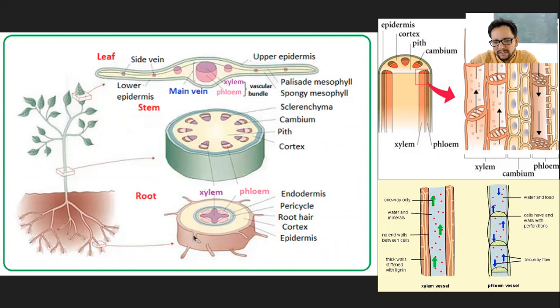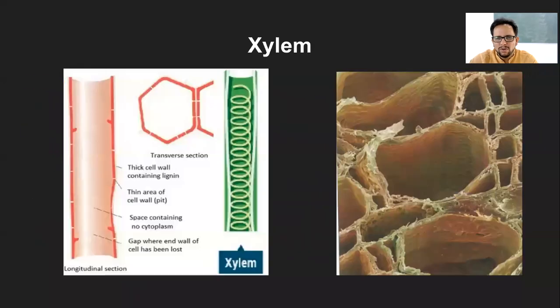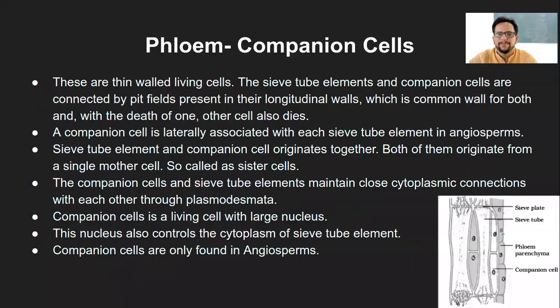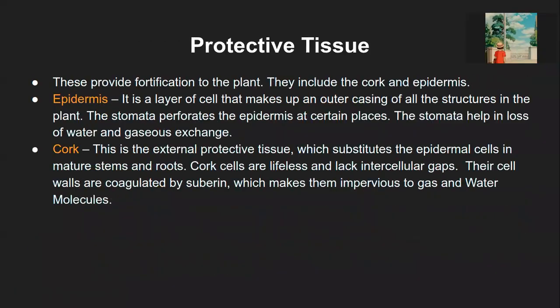Even in this root section, this light brown thing that you see is the epidermis. So in every part of the plant, you will see this epidermis, and when the stem and the root grow older, these epidermal cells will turn into cork cells. So that is the structure of these two protective tissues. Basically, they're like the skin of the plant.